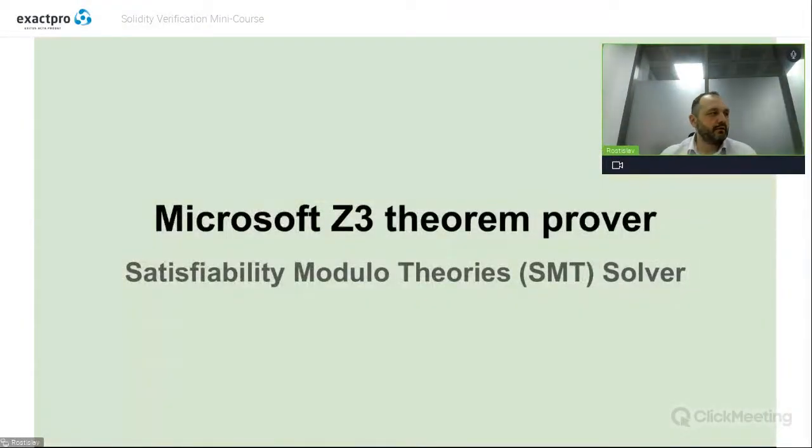Okay, and the last section of my lecture today is about the Microsoft Z3 prover. These guys don't call it a prover, they prefer SMT solver. That's probably a nice topic to discuss because there are quite many tools on the market which do formal reasoning, with different design decisions.